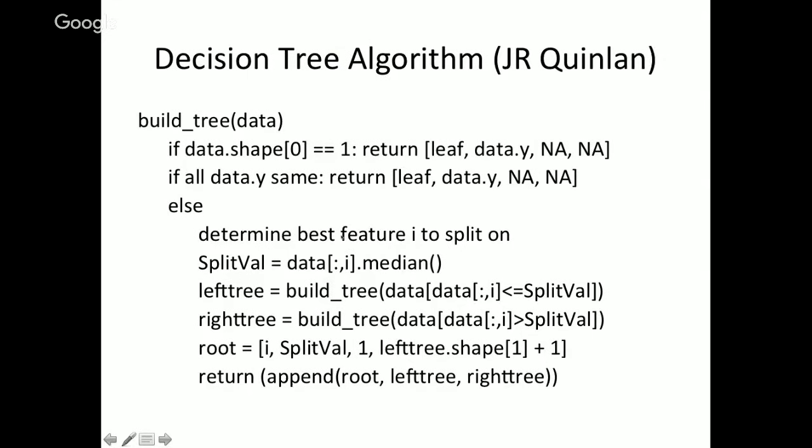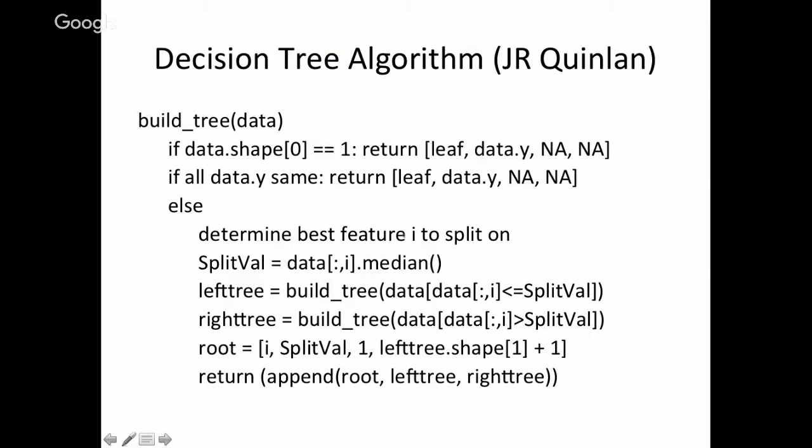It turns out that each subtree is formally a tree as well. It has a root, it has leaves, it has directed edges, and so on. So we can imagine each subtree as a tree by itself. But the very first time we do this, we're looking at the root node. I'll talk in a minute about how we determine that best feature. There are a number of different ways to do it, and it merits its own slide for discussing.